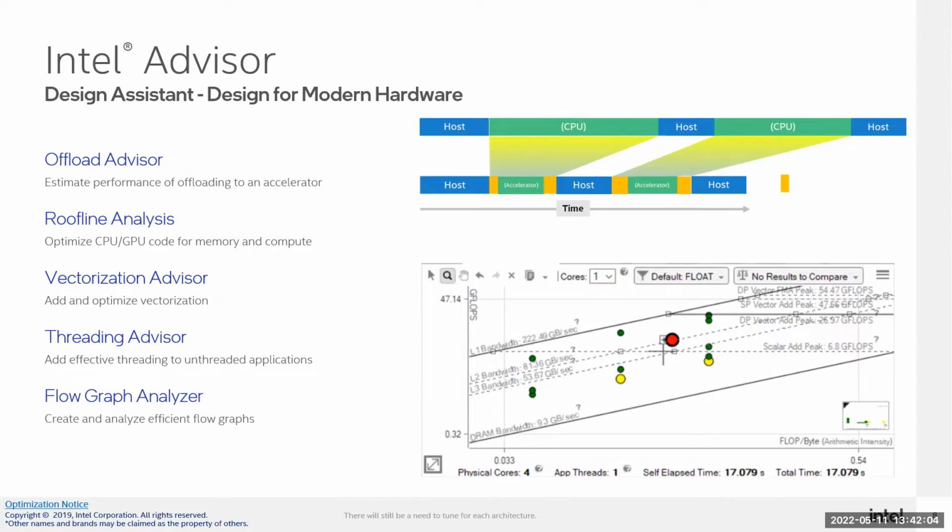So it gives you the most profitable loops and non-profitable loops, to make your design decisions before you start offloading your code. And the second thing is we'll talk about the roofline analysis.